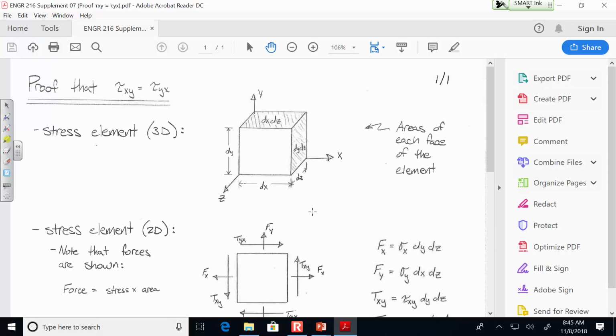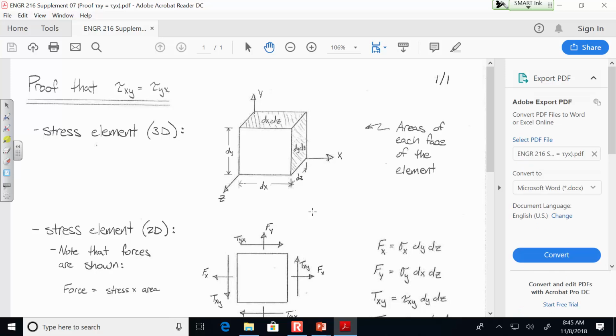Okay, so let's say that you have a stress element, and I'm looking at this in 3 dimensions. Remember, we're talking about a little itty-bitty element in a structure. When we were looking at beams, axial loads and torsion, we would cut out a slice that's dx wide. Now I'm looking at a super tiny element that's dx wide, dy tall, and dz deep. The area of this face is dx times dz, and the area of this face is dy times dz.